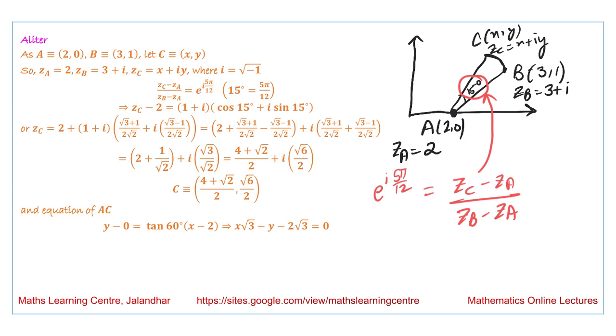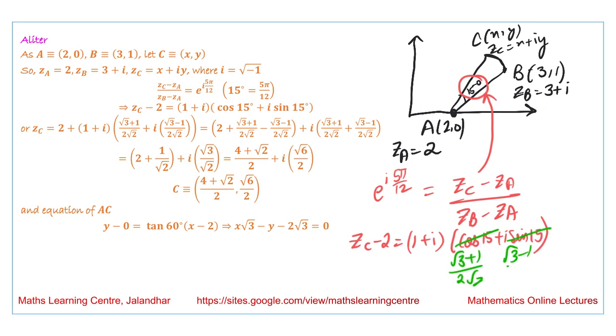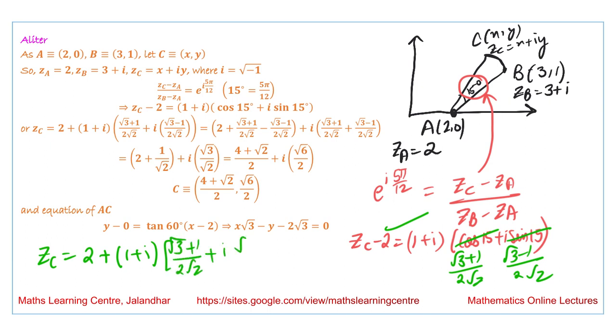So on solving this we will obtain that ZC minus 2 is equal to (1 plus iota) into (cos 15 plus iota sin 15), and we know that the value of cos 15 is (root 3 plus 1) by 2 root 2, and sin 15 is (root 3 minus 1) by 2 root 2. So on solving this, we obtain that ZC is equal to 2 plus (1 plus iota) into ((root 3 plus 1) by 2 root 2 plus iota (root 3 minus 1) by 2 root 2).